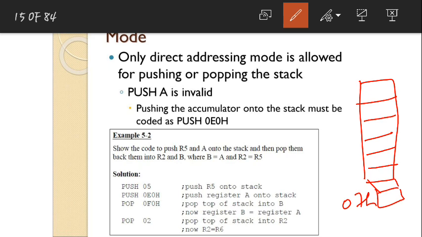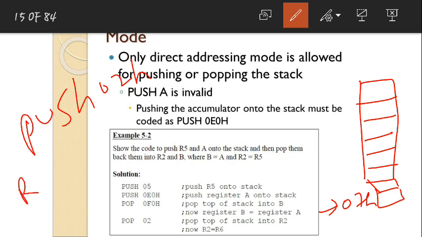Now if you write push 02H, consider that bank 0 is the default. So 02H means the R2 register.